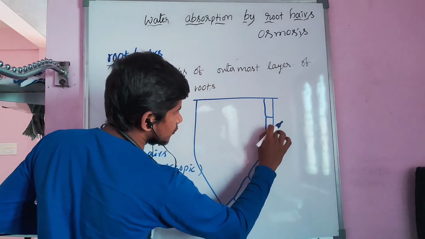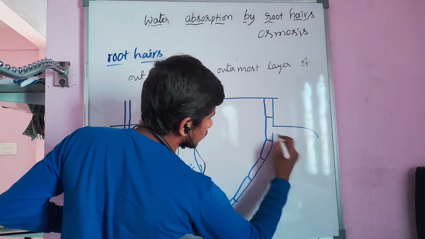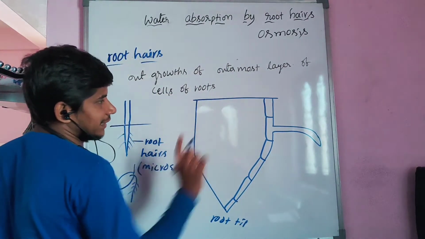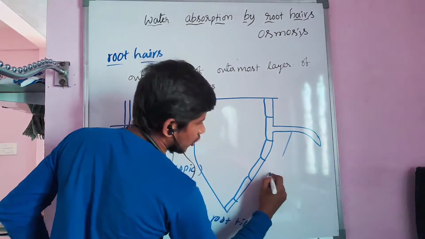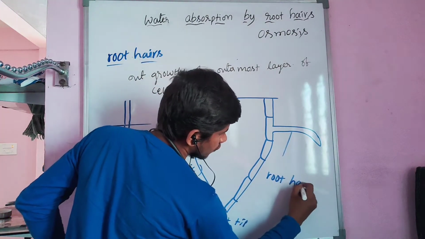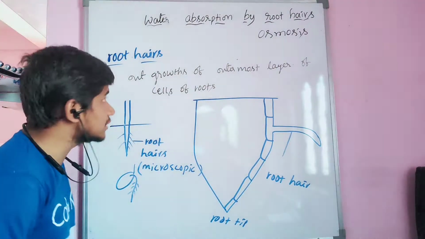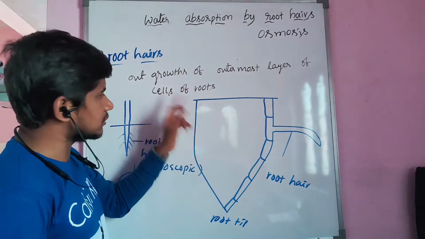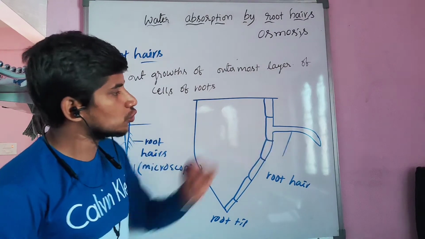From this, a small growth is there. This is the outermost growth of the cells. This structure is called a root hair. Hope you have understood what a root hair is. It is the outgrowth of the outermost layer of cells.